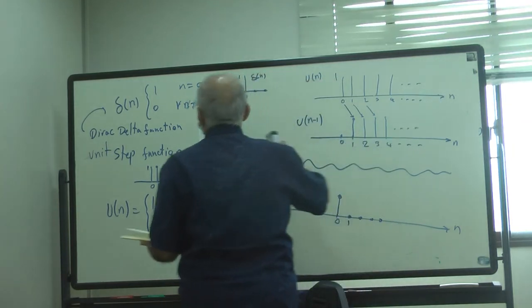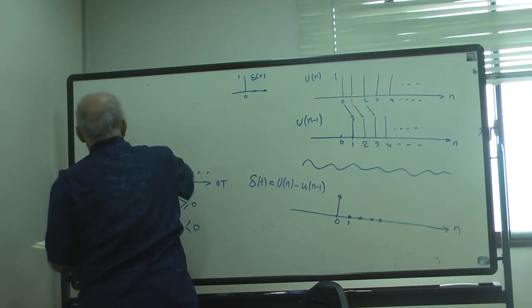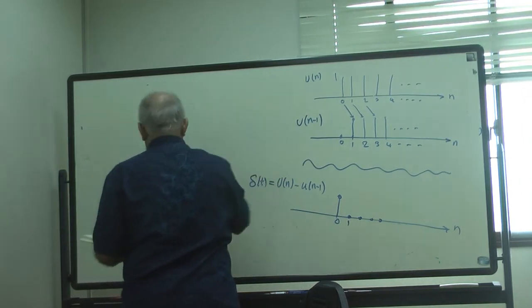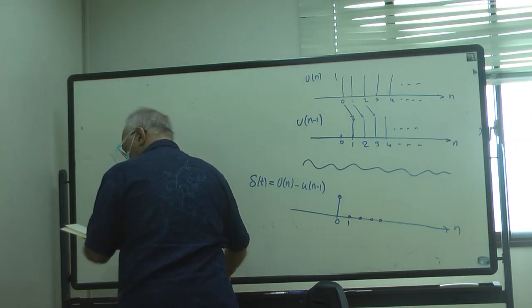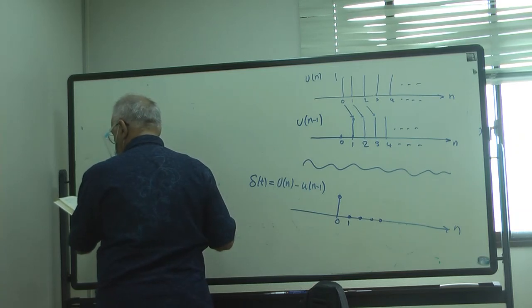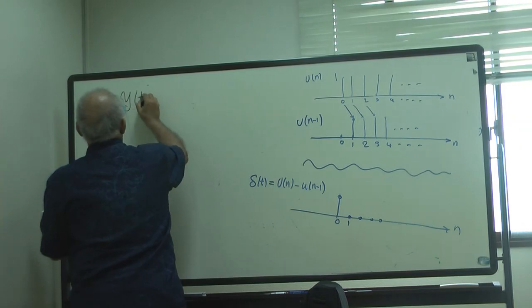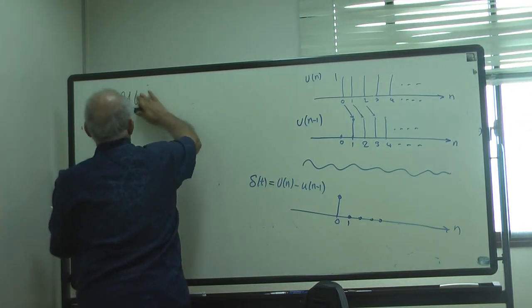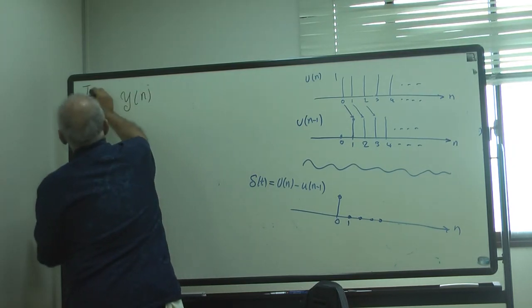Write this for this function. Y, discrete, y n, T is equal, for instance, assume something is 1.